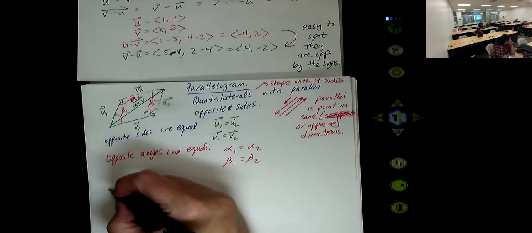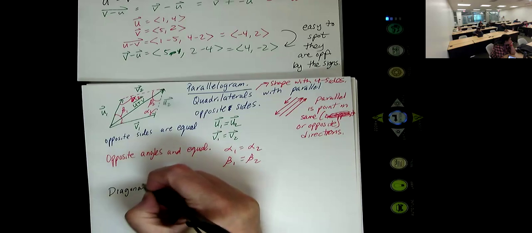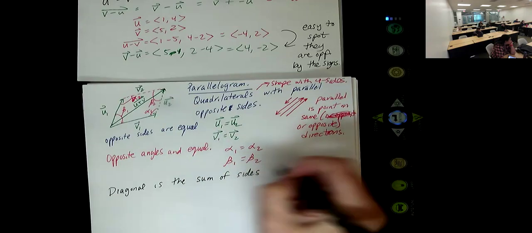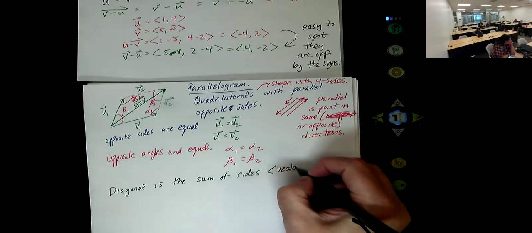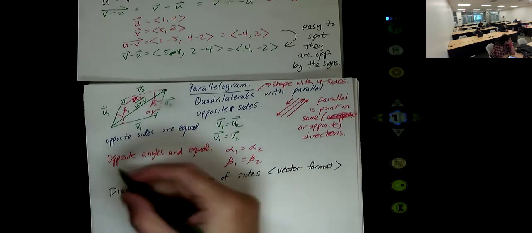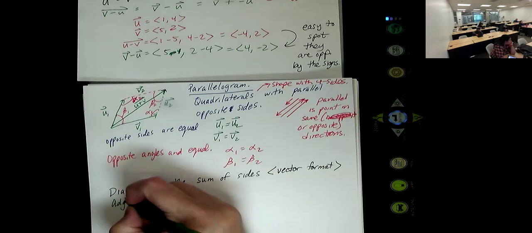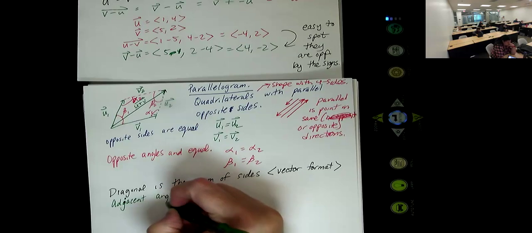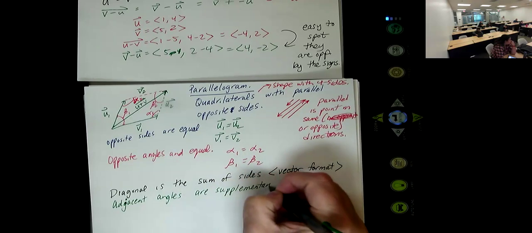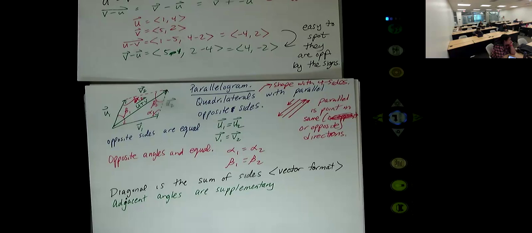As we can see, the diagonal is the sum of the sides, in vector format. And adjacent angles are supplementary. Does anyone remember what that means? How much? They add to 180.